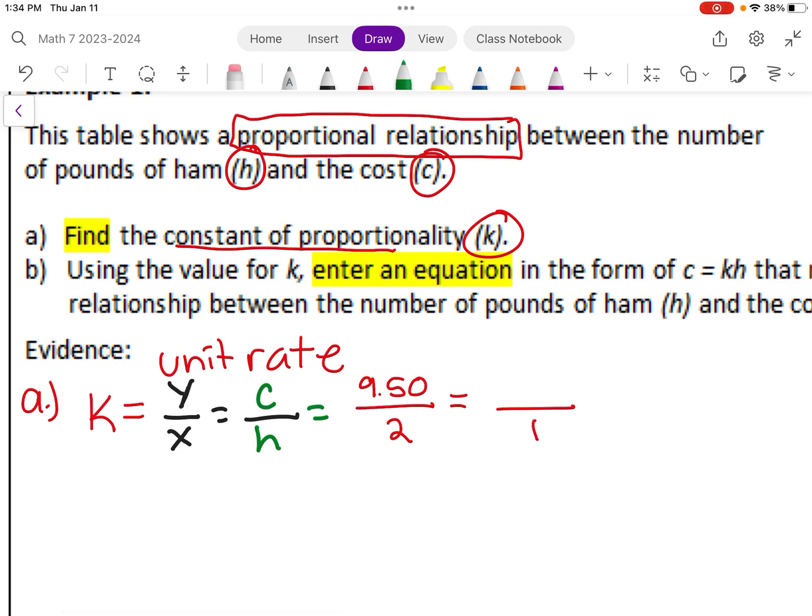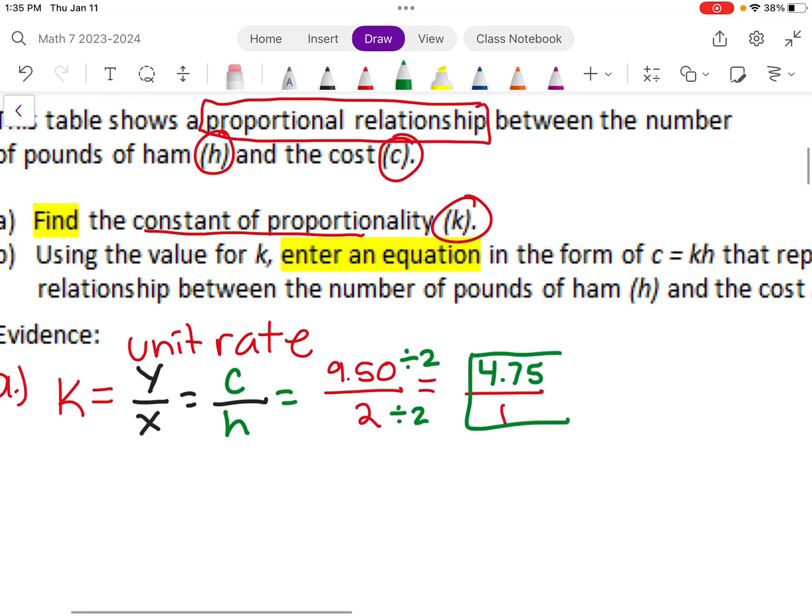In order to find the unit rate, we want the denominator to be equal to 1, so we've got to divide by 2. And we have to do that to both numerator and denominator. When we divide $9.50 by 2, we get $4.75. So this is our unit rate.